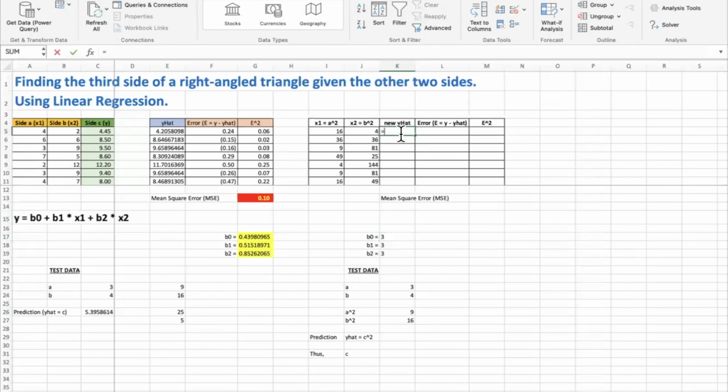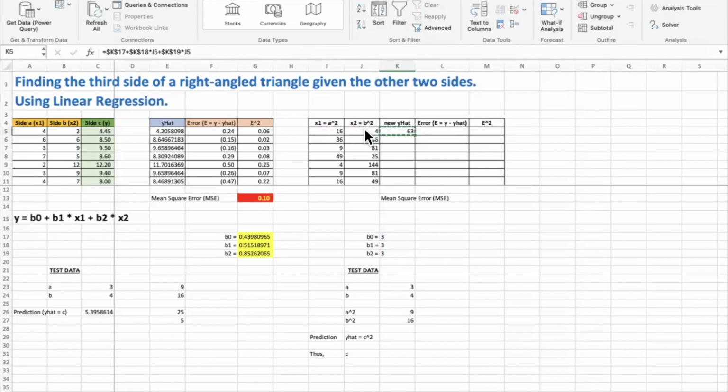So here y hat is equal to this b0 plus b1 into x1 plus b2 into x2.